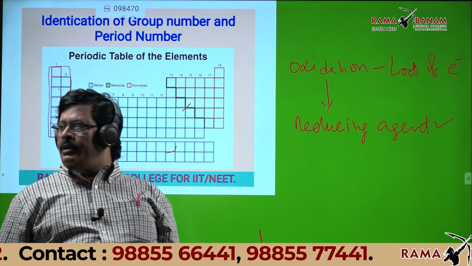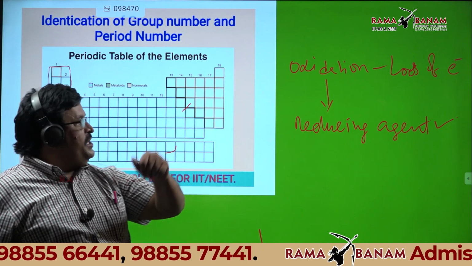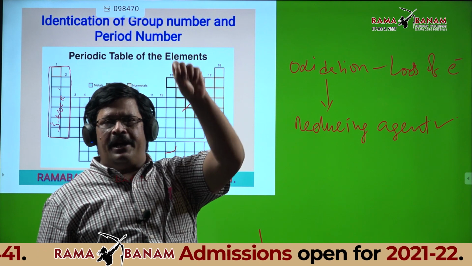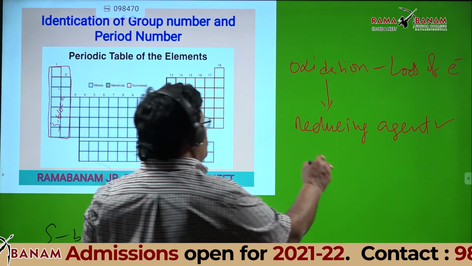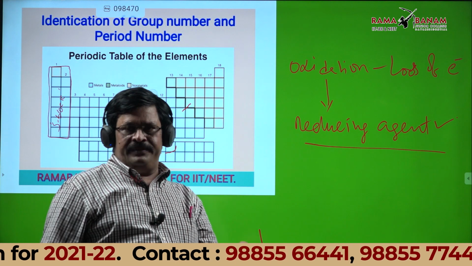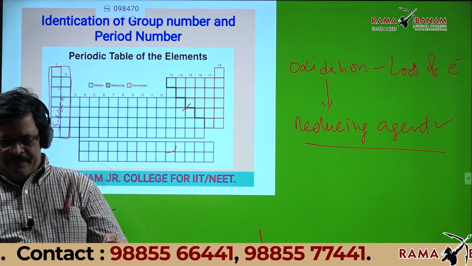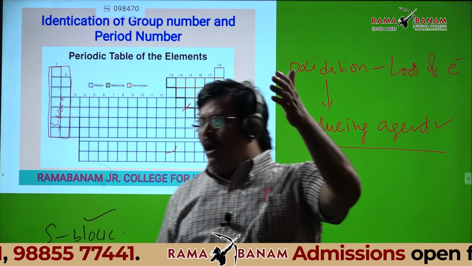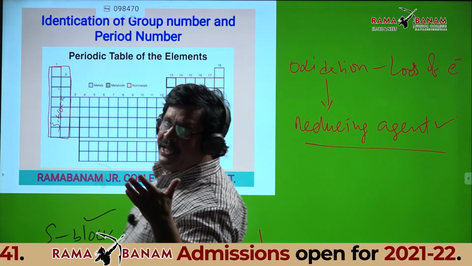Right. See, the element which undergoes oxidation is called a reducing agent. So S block elements are very good reducing agents. Is it okay now? Write that point. So these elements undergo oxidation.